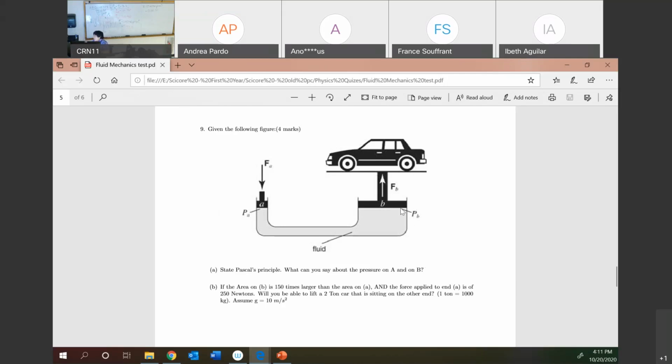But remember, if the pressure is the same, the pressure here is transmitted here. Force divided by area is equal to force divided by area. But if the area is larger here, the force is larger because they are proportional, right? Force and area. If one goes up, the other one goes up.